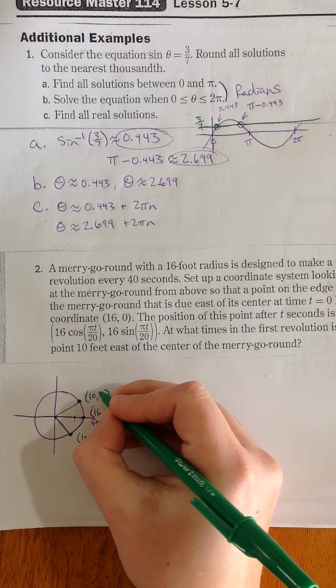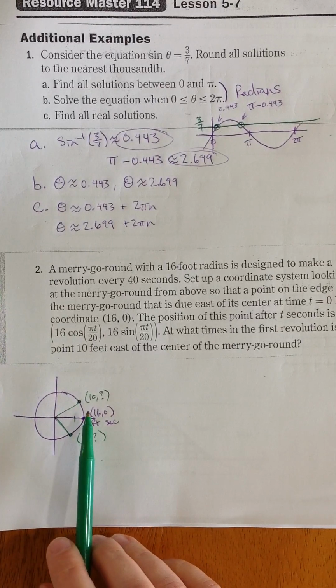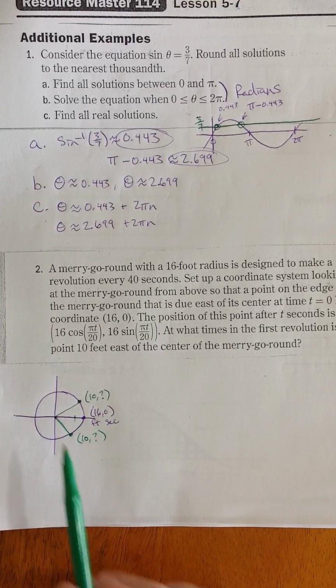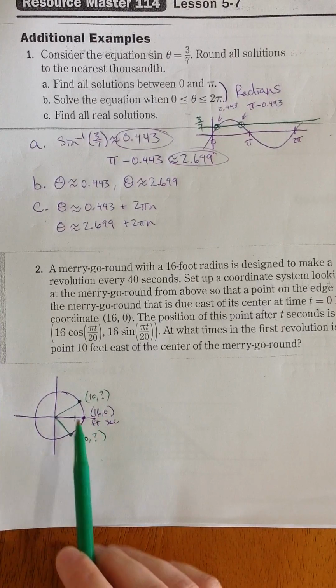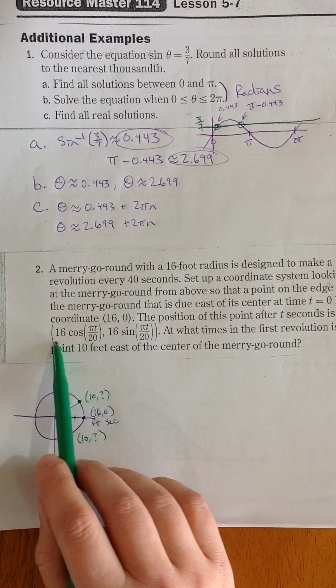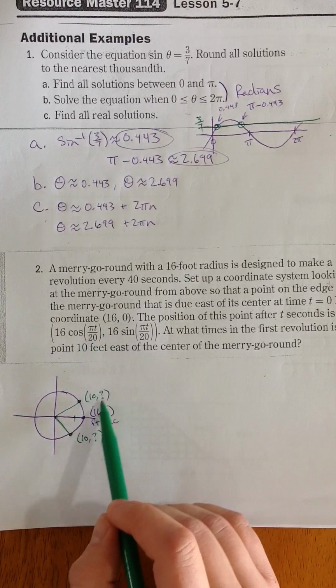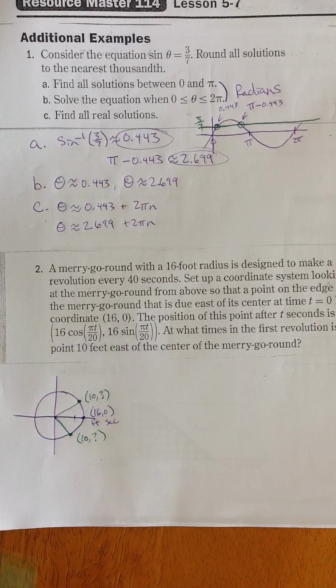We're trying to figure out at what time increments it's going to be 10 foot out from the center. So because the 10 is in the x spot with the cosine, we're going to set that 10 equal to our cosine value and then solve for t to find what the time value would be at those spots.